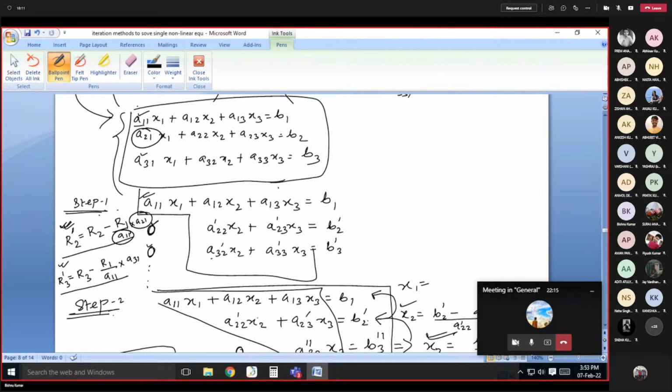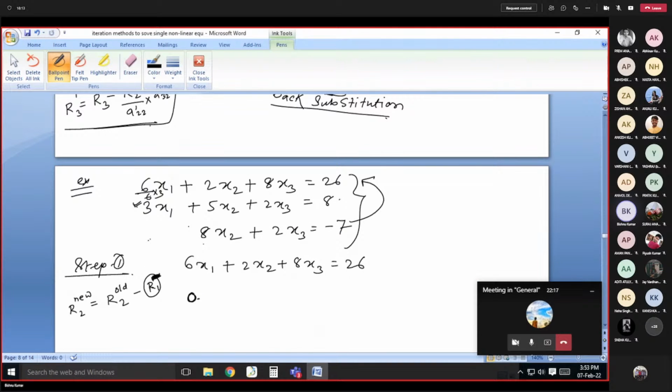Or roughly, you just see and watch what you will do. If this is 3 and this is 6, to make this 0, what will you do in this row? You just divide by 2. Oh, sorry, it's 2. Divide by 2, simply it will become 3.